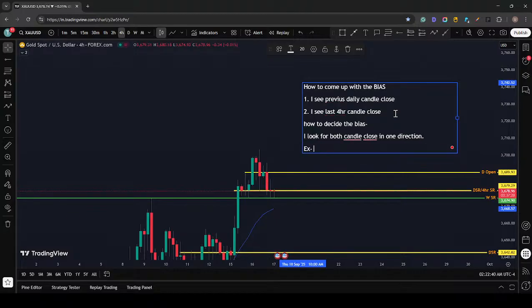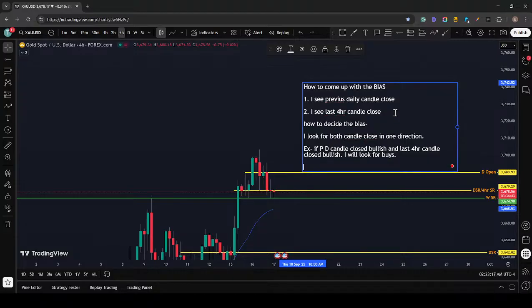Example, if the previous daily candle closed bullish and the last 4 hour candle closed bullish, I will look for buys.